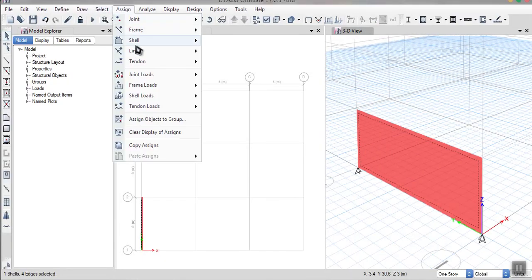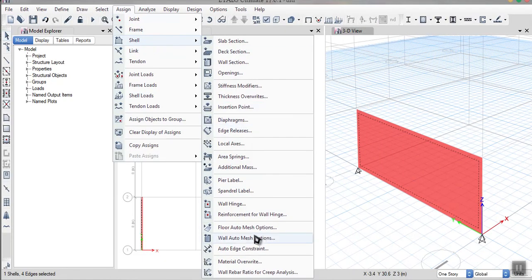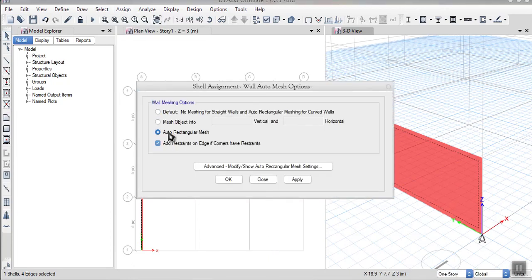Coming to Assign, we can have Shell, then auto wall mesh options. This has not been meshed. Auto rectangular mesh.